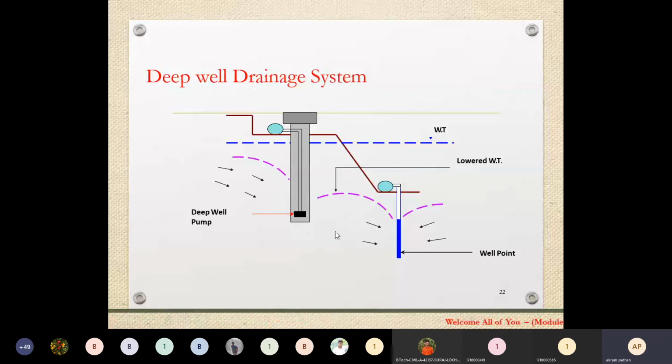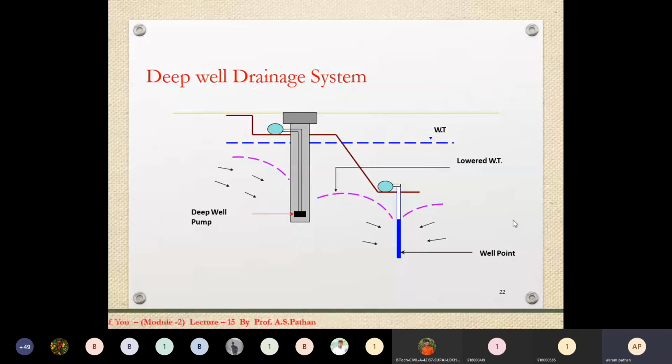Generally, if you want to excavate the foundation, suppose the foundation area is here, then before excavation of this foundation, earlier we have to drain out all the water from the ground, and then dry this particular area.